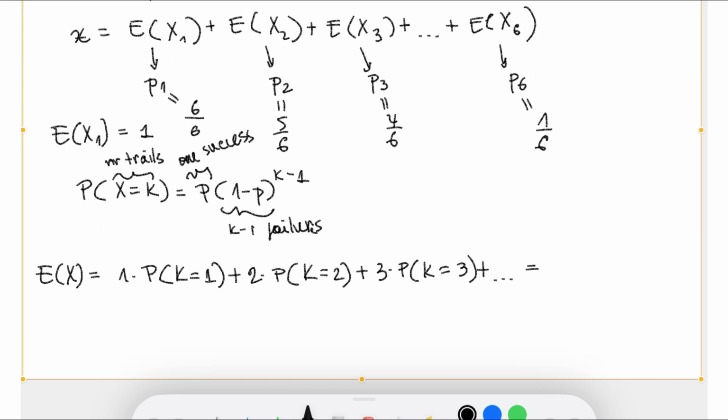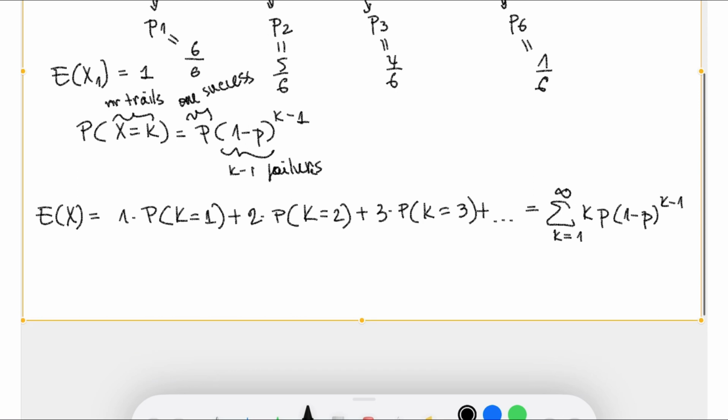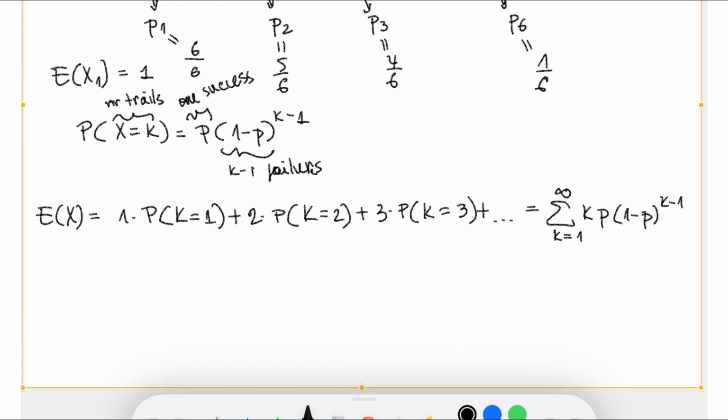This can also be written as a sum from k equals 1 until n. Actually, let's write this to be infinity. The sum of k times p times 1 minus p to the power of k minus 1. Now we have to calculate it, so let's write it extended.